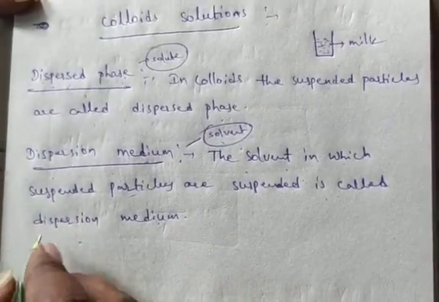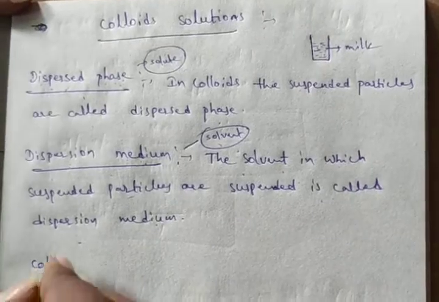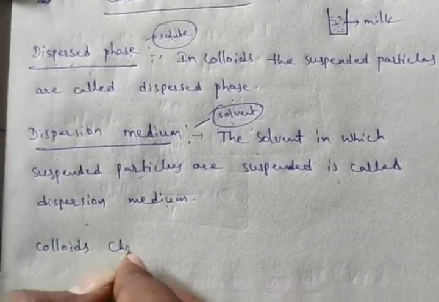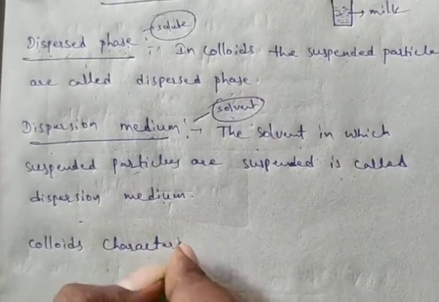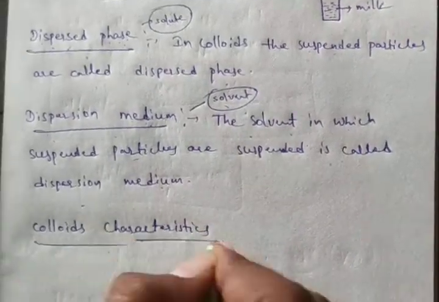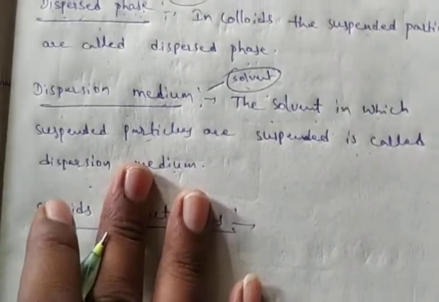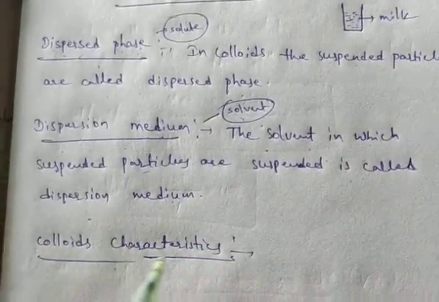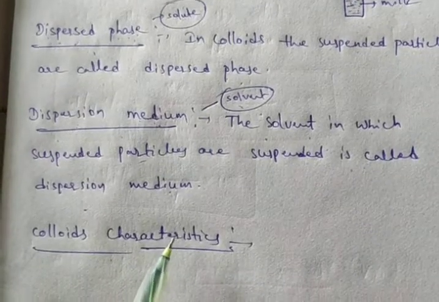Here are the colloid characteristics. A colloid appears to be homogeneous, but actually it is a heterogeneous mixture of solute and solvent.